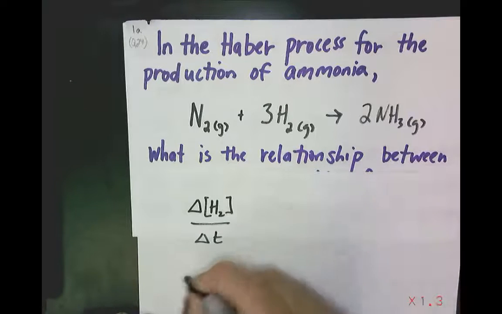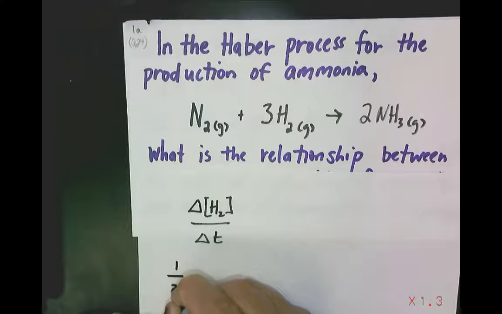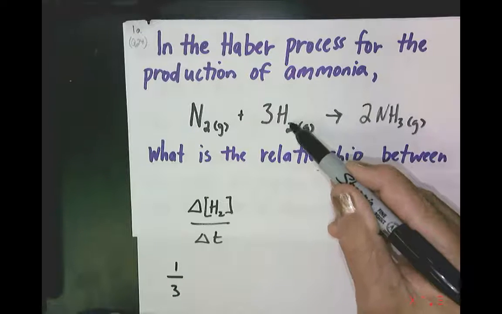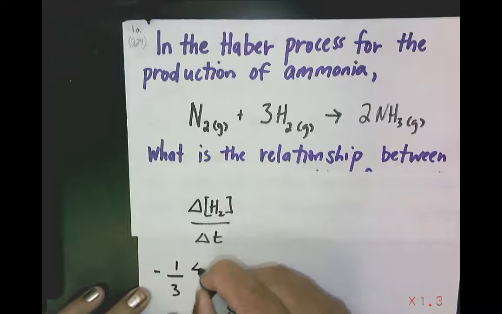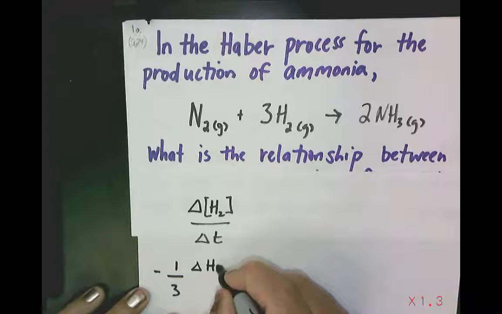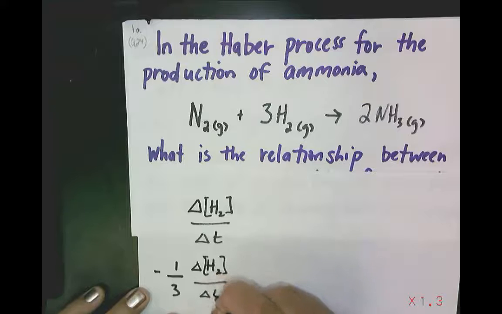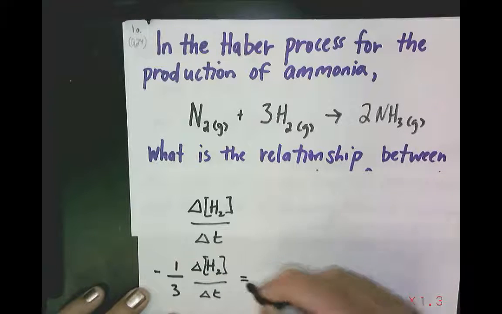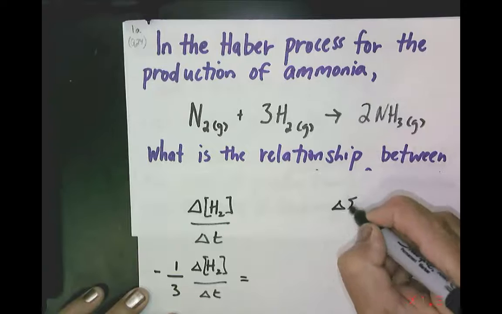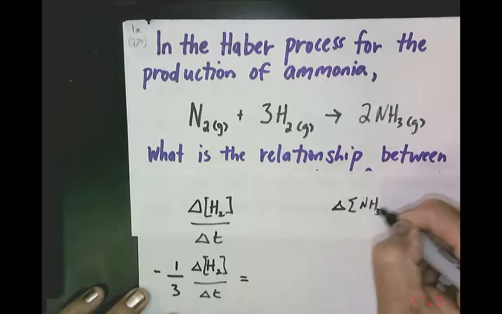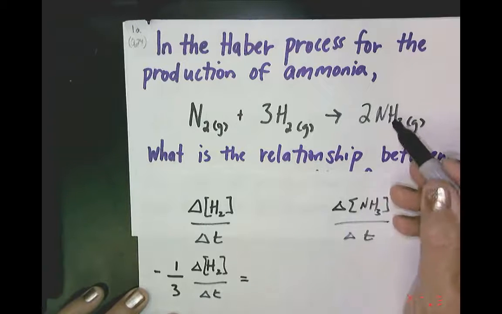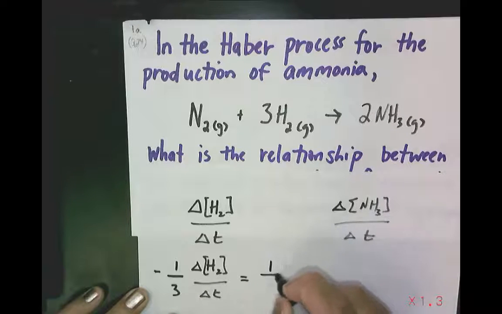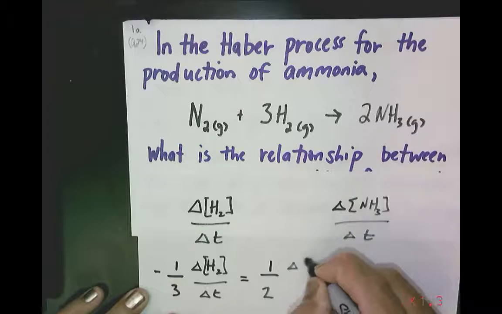So I'm going to put it in as 1 over 3, and this is disappearing, so I'm going to make it negative: negative 1 over 3 delta concentration of hydrogen over time is equivalent to the change in concentration of our ammonia per time. Now this is appearing, so I'm going to put it positive, 1 over 2 delta.